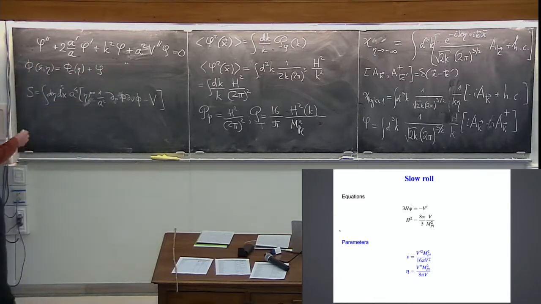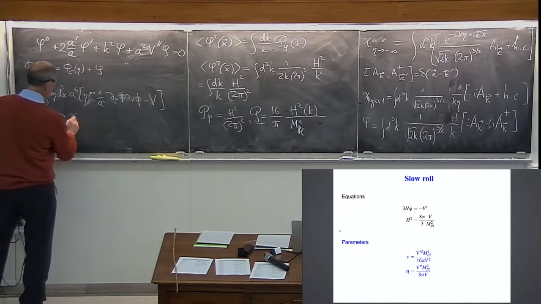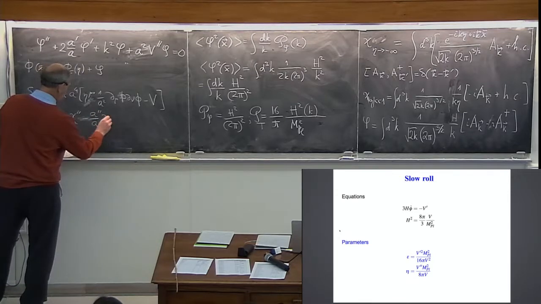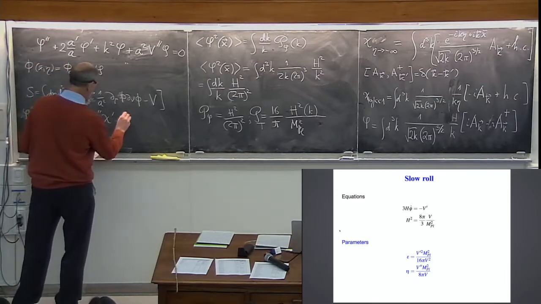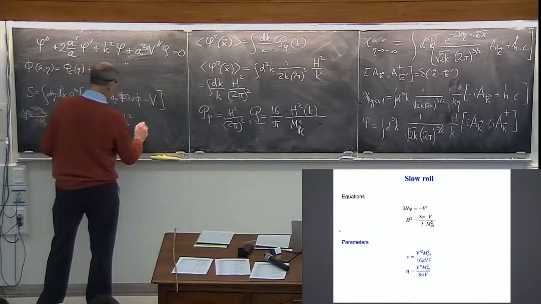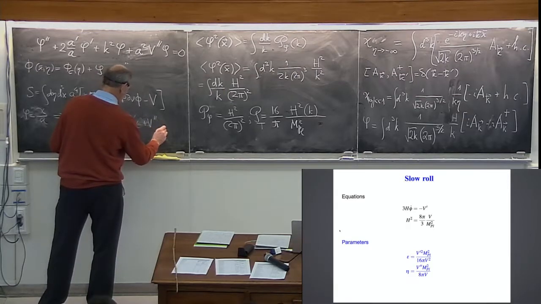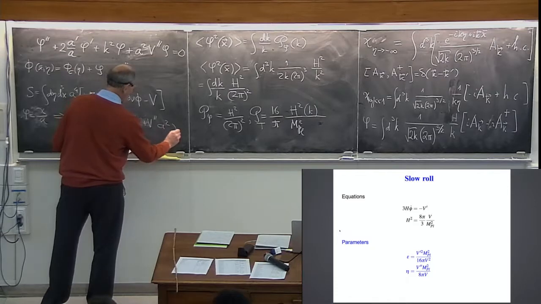If I again introduce chi equal to a times phi, so that phi is chi over a, then my equation will be chi double prime, our old one, minus a double prime over a chi, plus k squared chi, plus V double prime a squared chi equals 0.